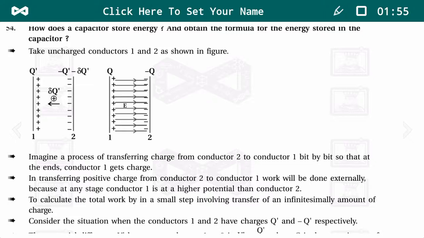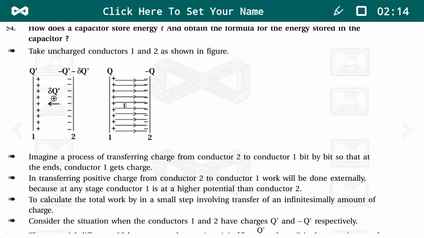So you have to do work to send this charge from plate 2 to plate 1. So in transferring positive charge from conductor 2 to conductor 1, work will be done.